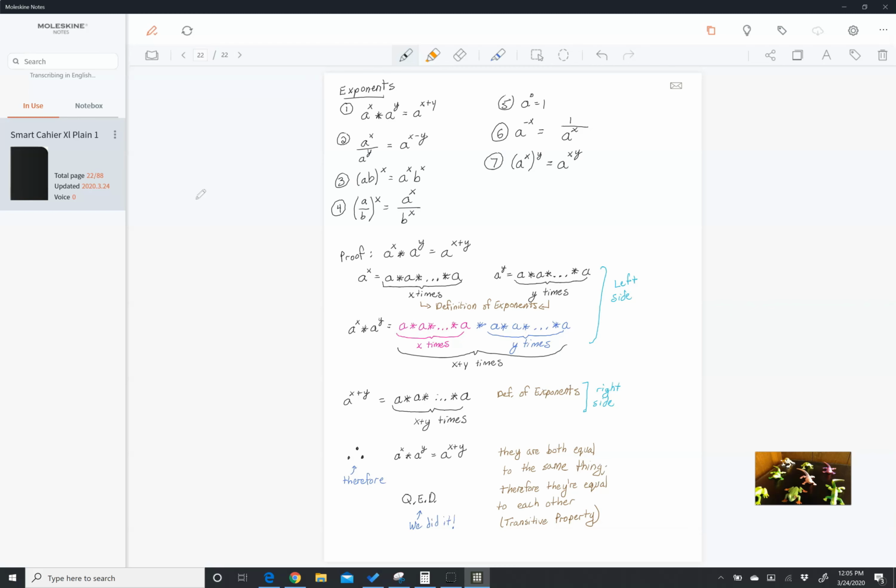So in Latin, that's what it is. It's saying, we did it, we finished. And it's another way to indicate to people that, okay, this is the end of your proof. So you have your therefore statement here, therefore a to the x times a to the y equals a to the x plus y, but then this is like your celebratory message.